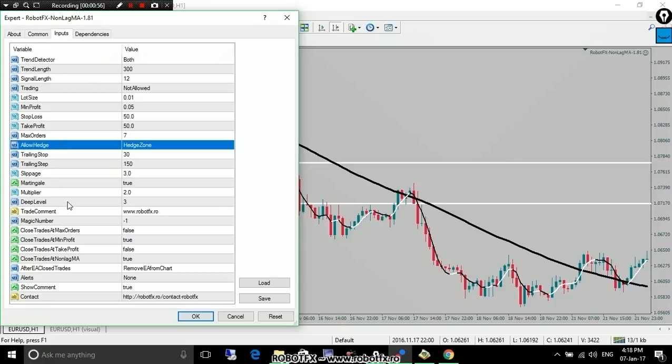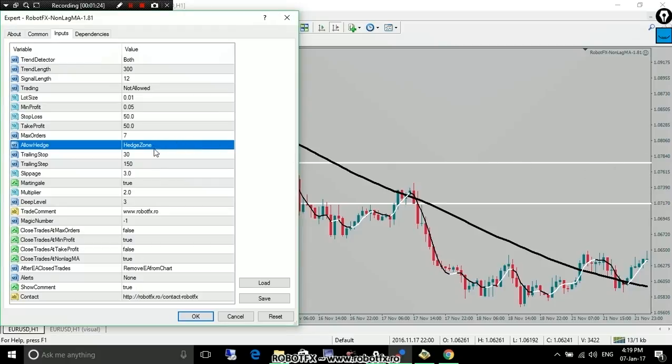Again, if you are familiar with the RobotFX Auto Recovery, which is an expert advisor that only hedges an open trade, a manually opened trade or opened by another expert advisor, it doesn't matter. This is exactly the Auto Recovery. Auto Recovery is included in this RobotFX non-lag moving average EA, the same way as it is in the RobotFX Fluid Expert Advisor.